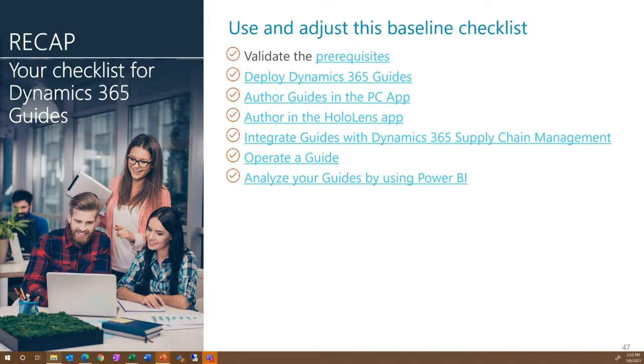That's where we can link those guides into resources, bill of materials, the asset management, checklists, and so on. Then you can start operating the guides from the HoloLens out in your facilities. The last item on the checklist is analyzing your guides. It's important to check the effectiveness of your guides and where you might be able to make process improvements.